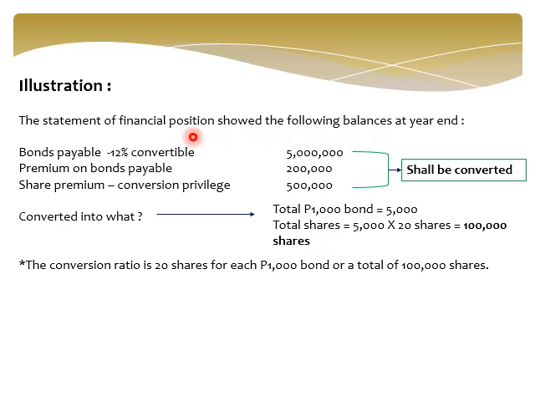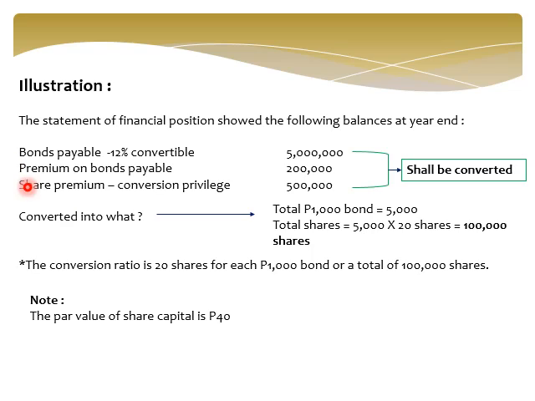Pag convert ni bondholders, mag-i-issue si entity ng 100,000 shares. So, kailangan na to i-cancel kasi i-convert na siya. Hindi naman pwede na na-convert na siya into share capital or equity account ni entity pero hindi pa rin na-cancel yung compound financial instruments sa financial statements.